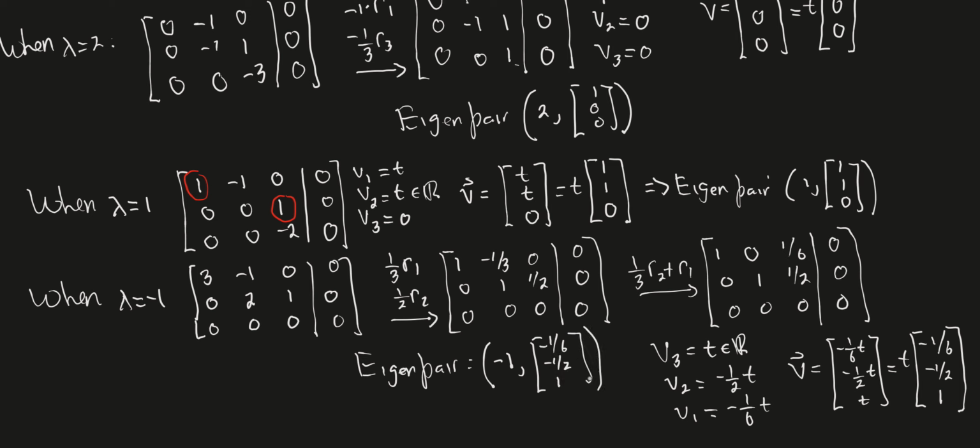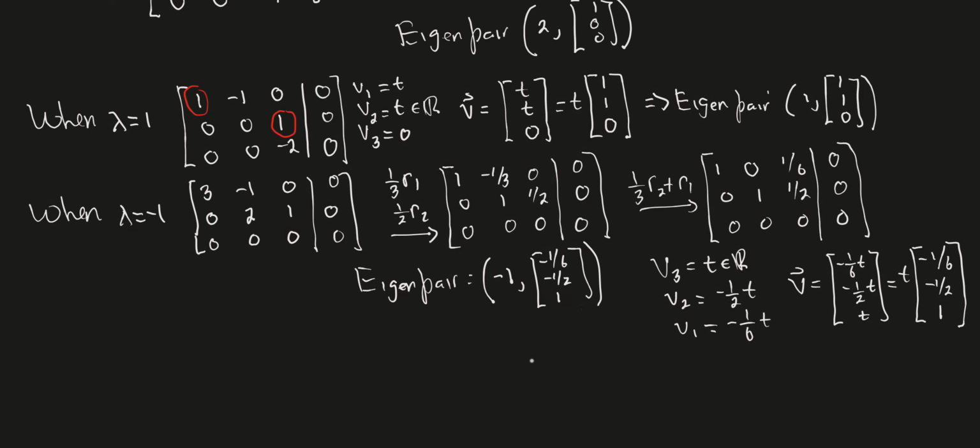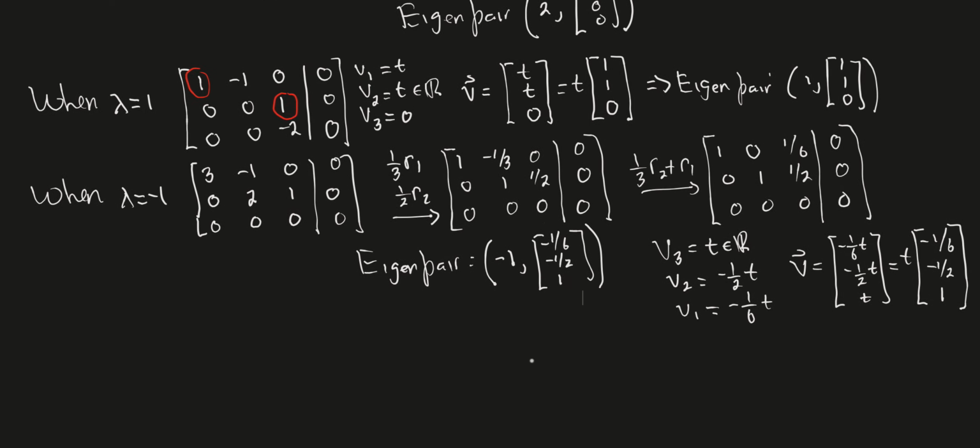Now, let's say you didn't want to write down a vector with fractions. Any scalar multiple of this would work. So if I were to multiply this by, let's say, -6, here's another way I could represent the eigenpair. If I just really dislike fractions, remember, t can be any real number.